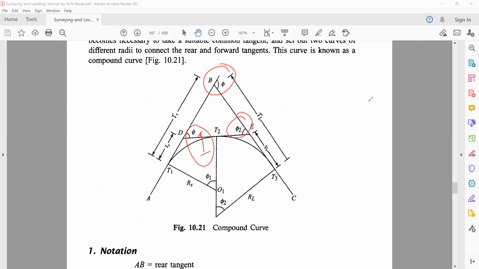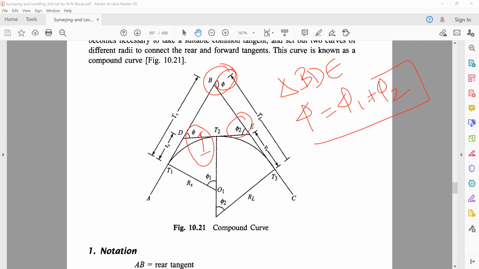Now, if you see over here, they form a triangle BDE, and from here you can see that phi is equal to phi 1 plus phi 2, because the exterior angle of a triangle is equal to the summation of the two opposite interior angles. So from that, we get phi is equal to phi 1 plus phi 2.